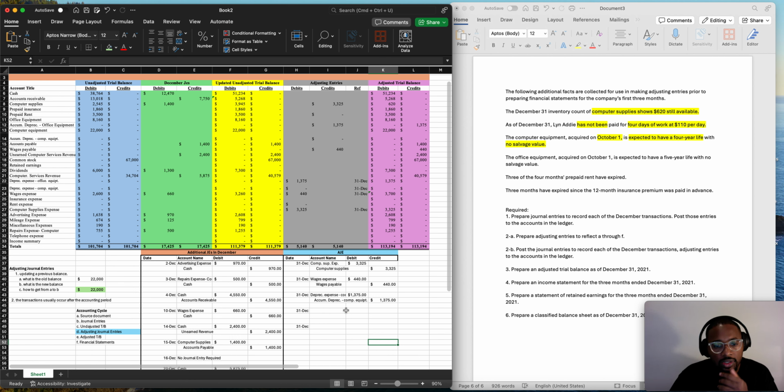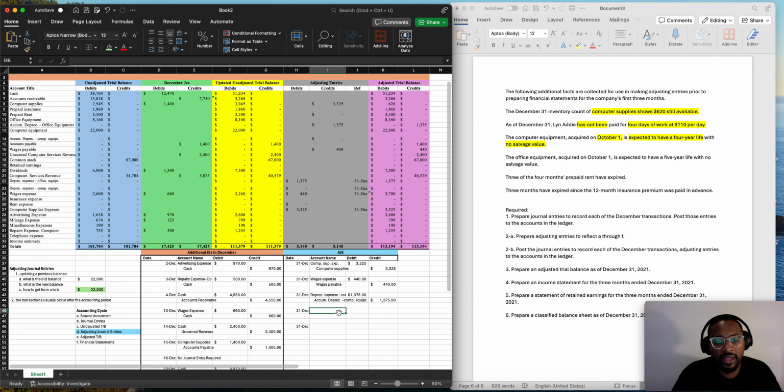We're using these accounts because depreciation expense, and I'll talk about this in future videos, is the amount of money we're spending in order to keep this computer equipment. That's the amount of money we're spending in 3 months to keep the computer equipment, right? So that's why we're using depreciation expense. And accumulated depreciation just means the total of depreciation that we have used for that specific asset.